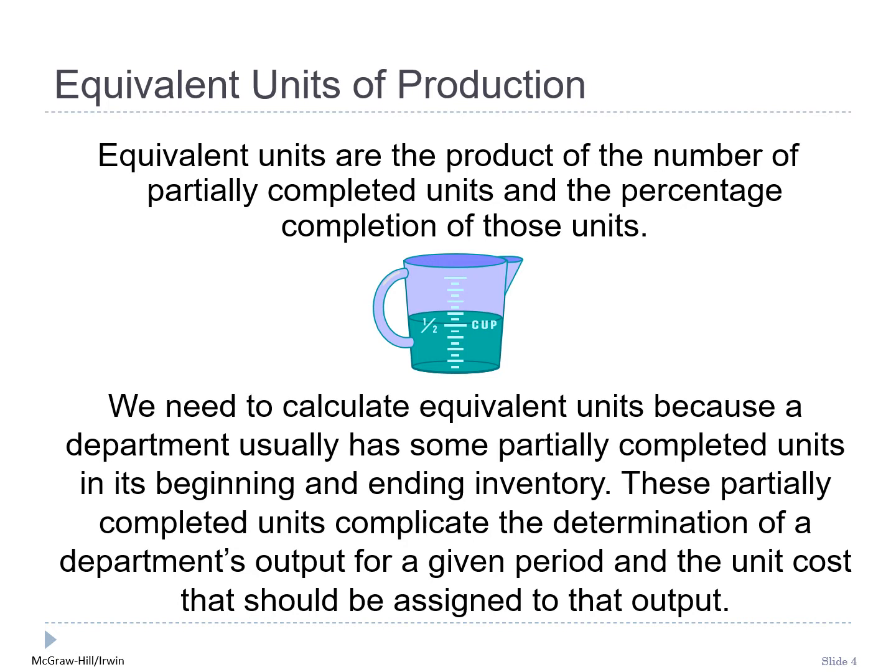So how do we compute the EUP? The EUP is computed as the actual units multiplied by the percentage of completion. According to the slide, the equivalent units of production equal the number of partially completed units, the actual units that already have a percentage of completion, multiplied by that percentage of completion.